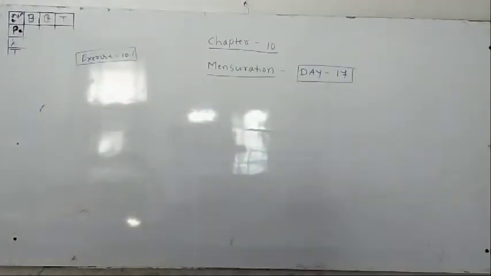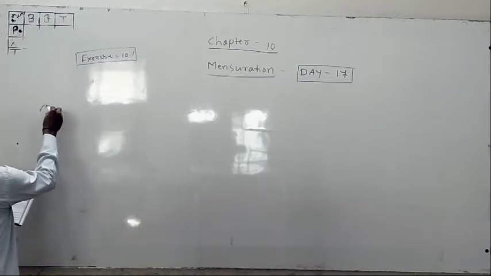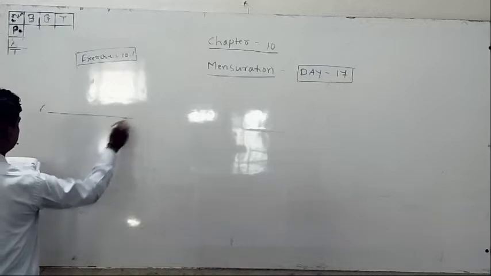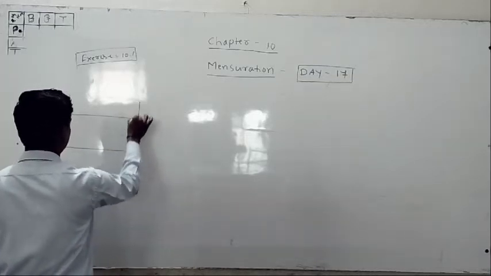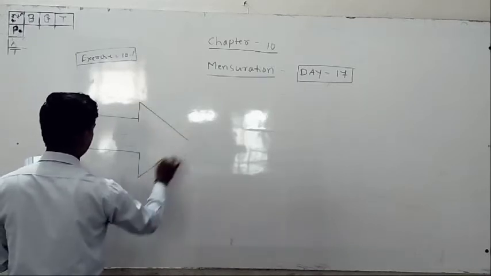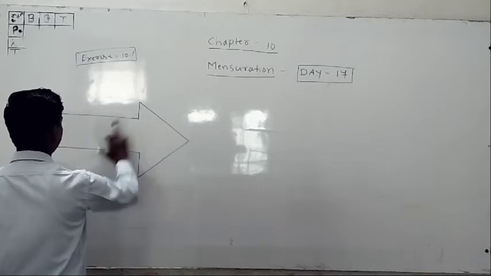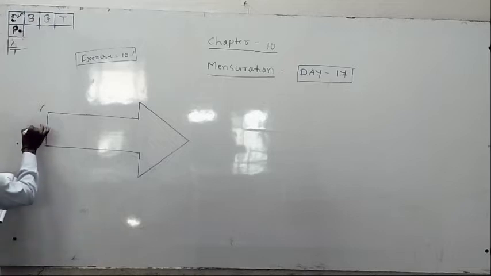Okay. Now we are going to discuss this figure. I am going to solve it. What is the given problem? First of all, you should write this is the given figure. It looks like this type of figure, and here is 1 centimeter.